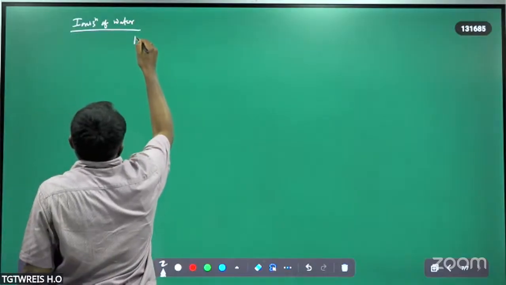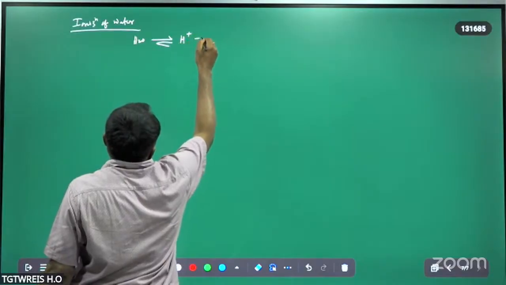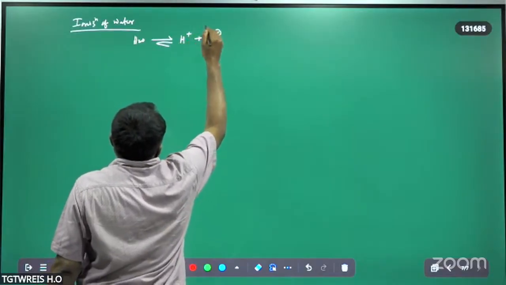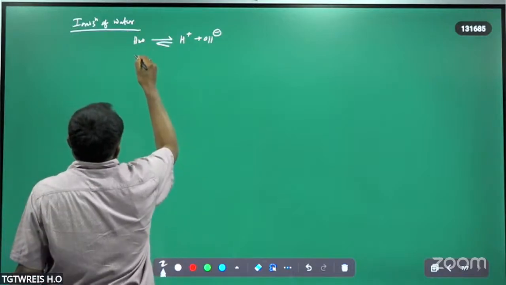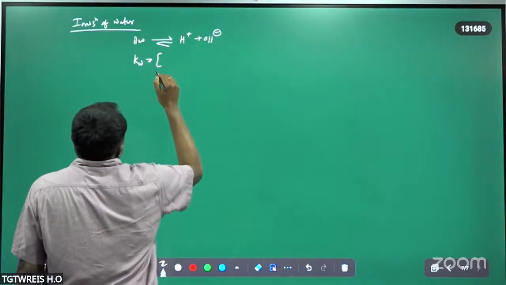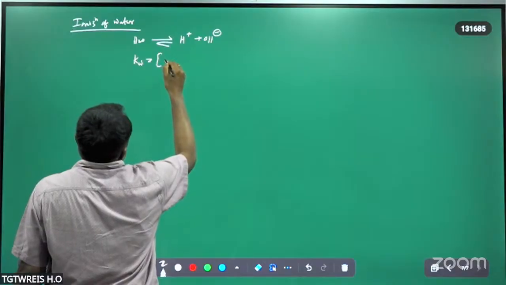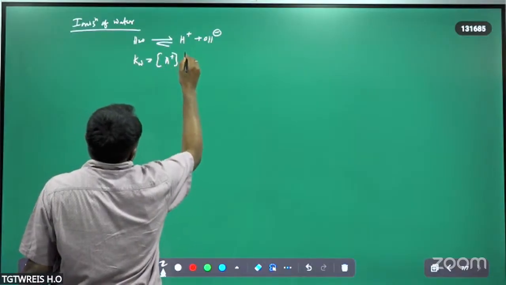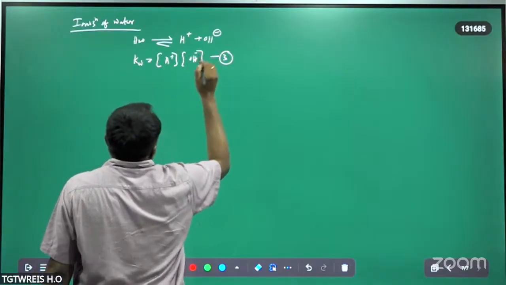So water ionizes into H plus and OH minus. For this, we already know that Kw is the ionic product of water. Kw is equal to square bracket H plus into square bracket OH minus. So this is equation number 3.